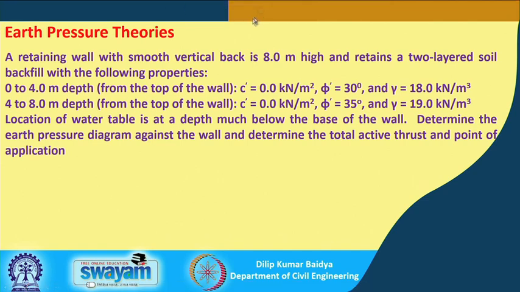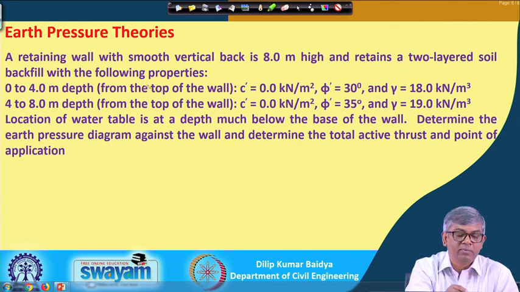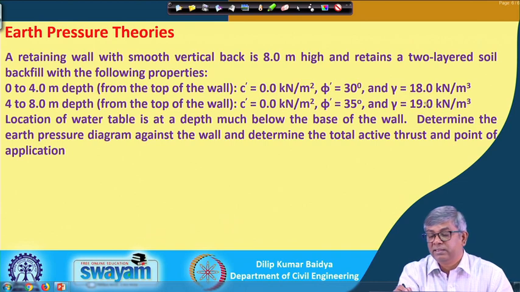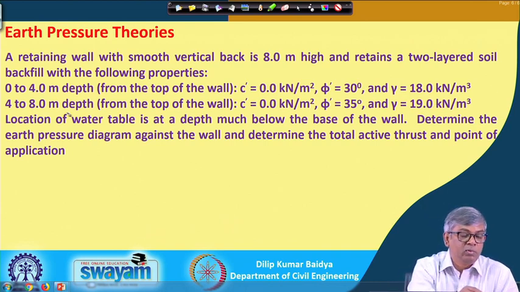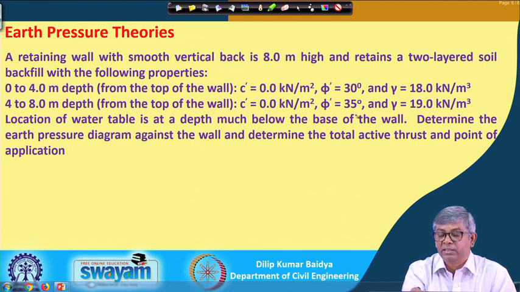A retaining wall with a smooth vertical back, 8 meter high, retains a 2 layered soil backfill with the following properties: 0 to 4 meter depth from the top is C 0, phi 30 degrees and gamma 18, and 4 to 8 meter depth from the top of the wall, C is 0, phi is 35 degrees and gamma is 19.